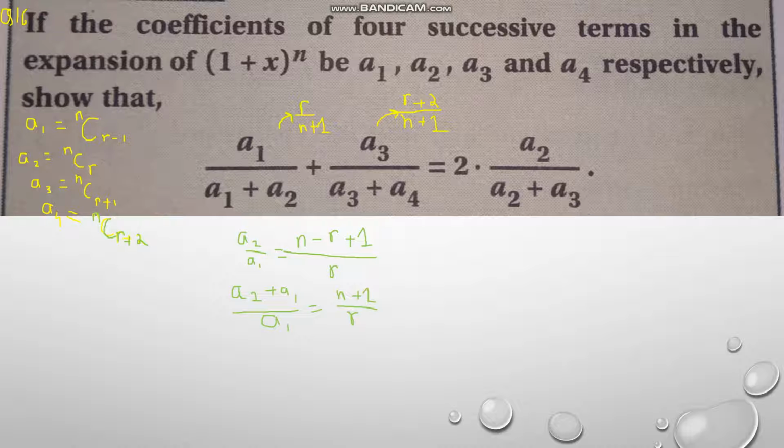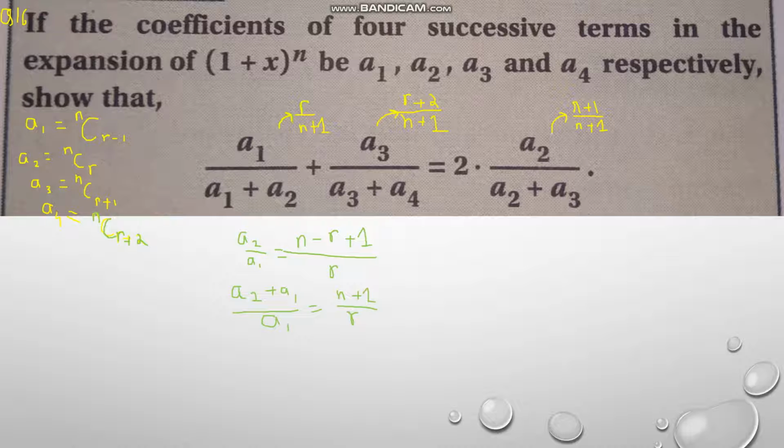This will be got by anyone, and this will again be equal to (r plus 1) by (n plus 1). I am not solving this, leaving it up to you to solve, and comment below that yes, you are able to solve. If you are not, please ask me in the comment box where you have gotten stuck.